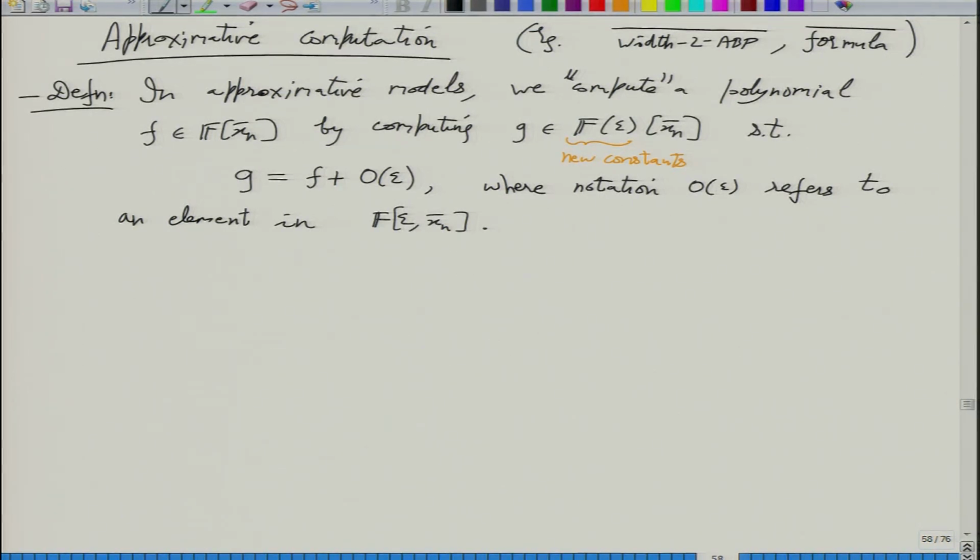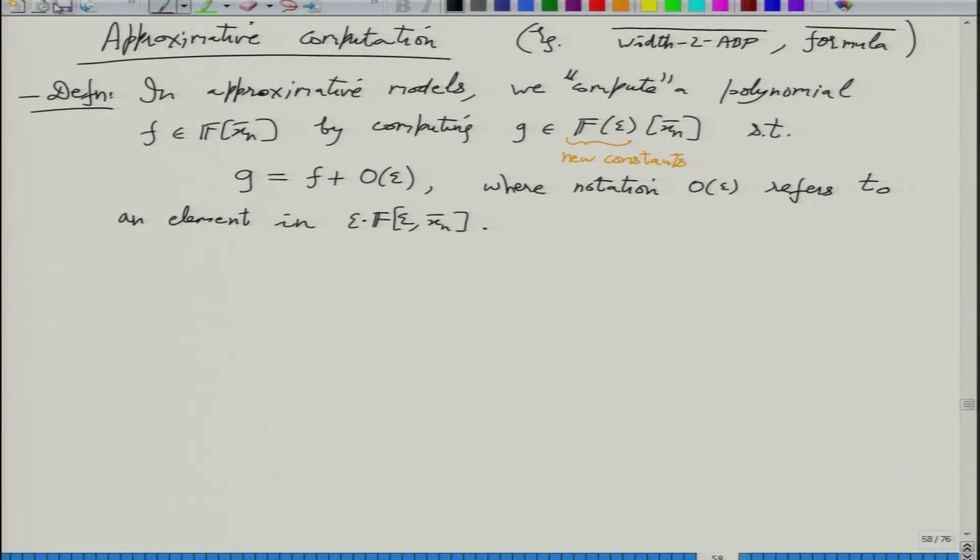Moreover, it should be a multiple of epsilon. Okay, so in algebraic terms, O epsilon is just an element in the ideal generated by epsilon. So basically G is equal to F modulo the ideal epsilon.